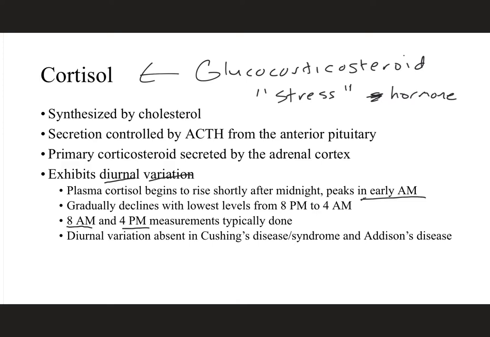Although I have worked in a processing department where I've seen a lot of tests where cortisol levels are monitored maybe 4 to 5 times a day, at midnight, 4 a.m., 8 a.m., noon, and like 5 p.m. When cortisol levels don't match what they should be, we have Cushing's disease and Addison's disease, where that diurnal variation just kind of disappears.